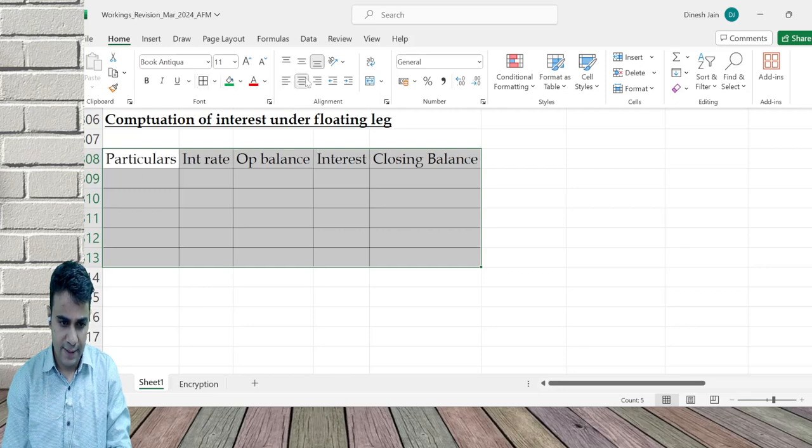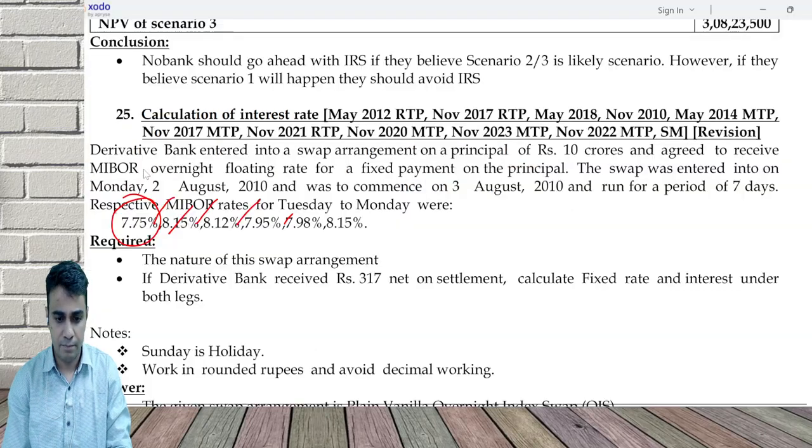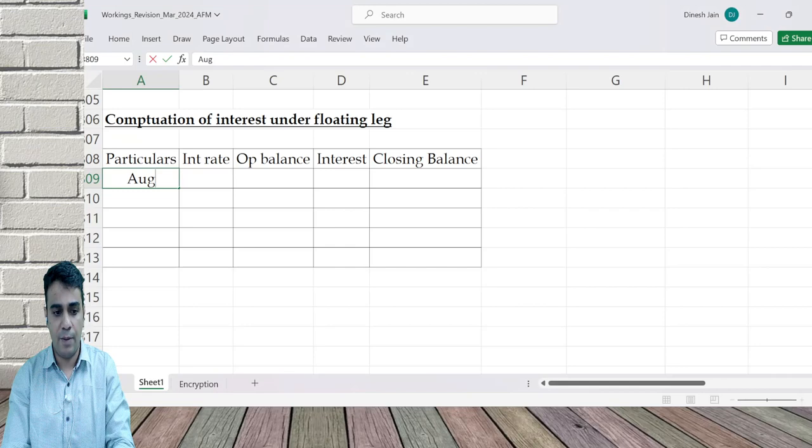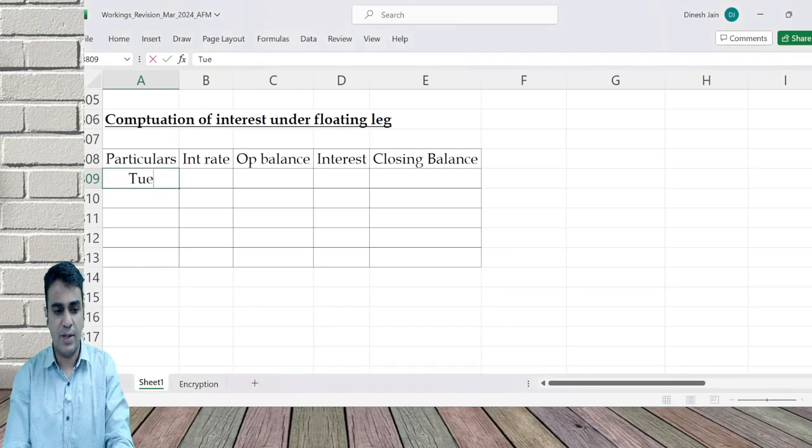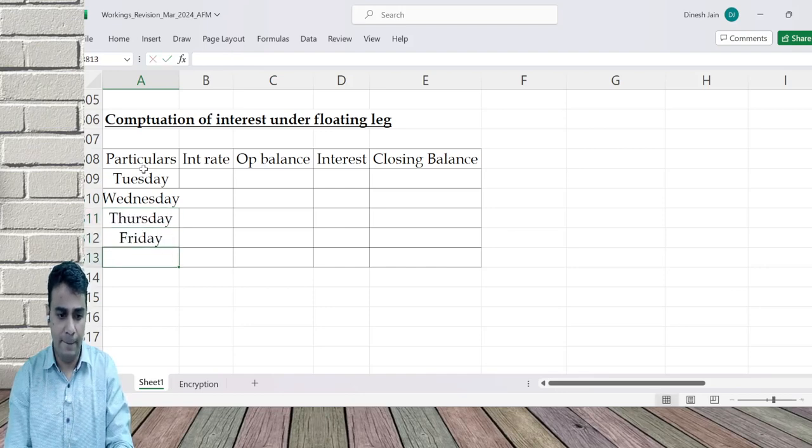Copy whatever rates they have given, starting from August 3, or I'll call it Tuesday because that is what I need. Wednesday, Thursday, Friday, Saturday, and then you move to Monday.